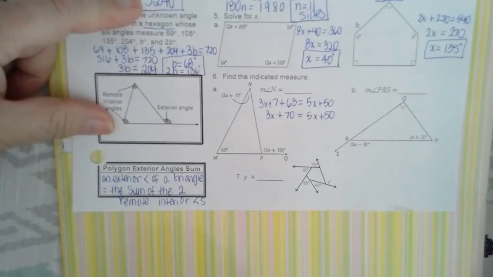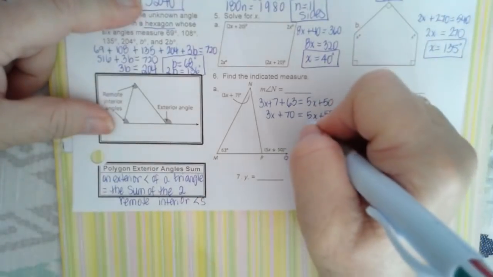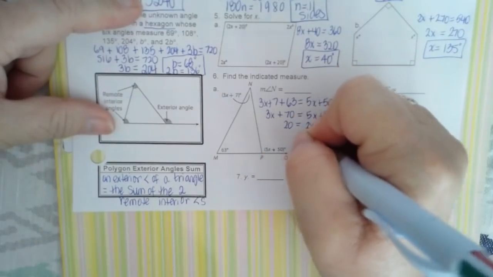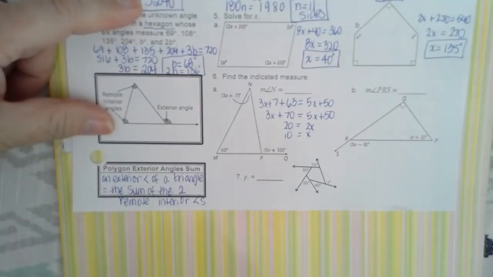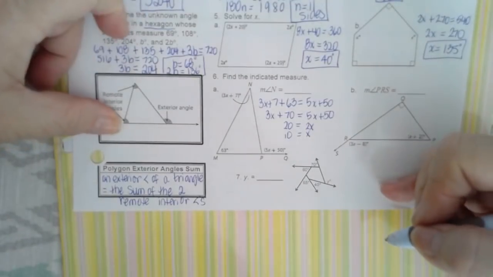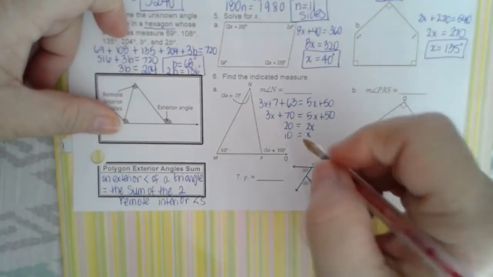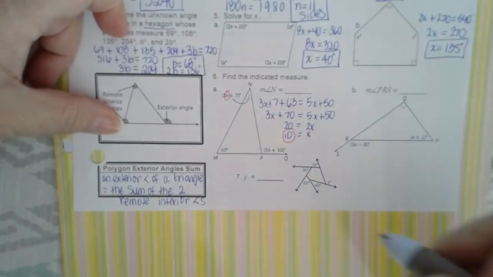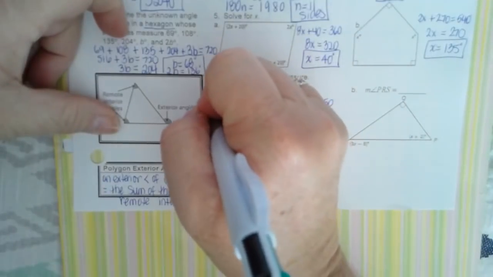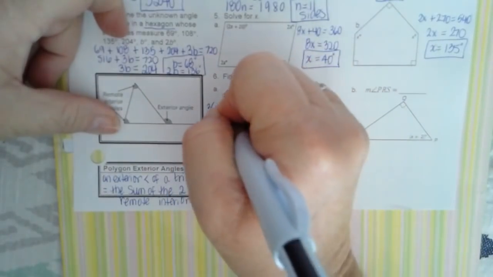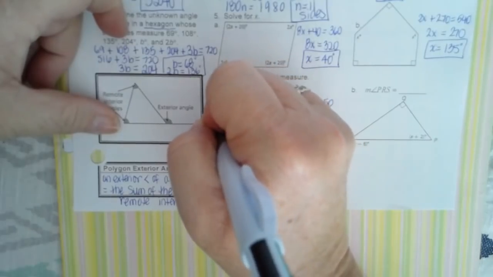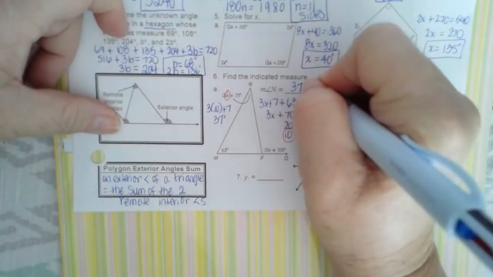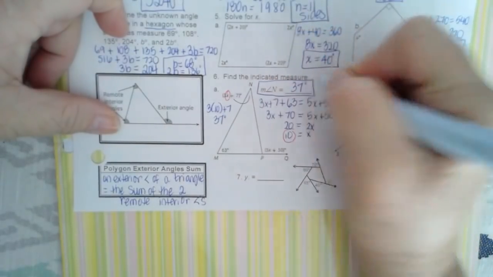If I subtract 3x from both sides and 50 from both sides, I get 2x equals 20, so x equals 10. Now, normally we'd be done, but the question's asking what's the measure of angle n, which means I want to take this and plug it in right there. So then I get 3 times 10 plus 7, which is 37 degrees. That would be the measure of angle n, which is what it's asking me for.